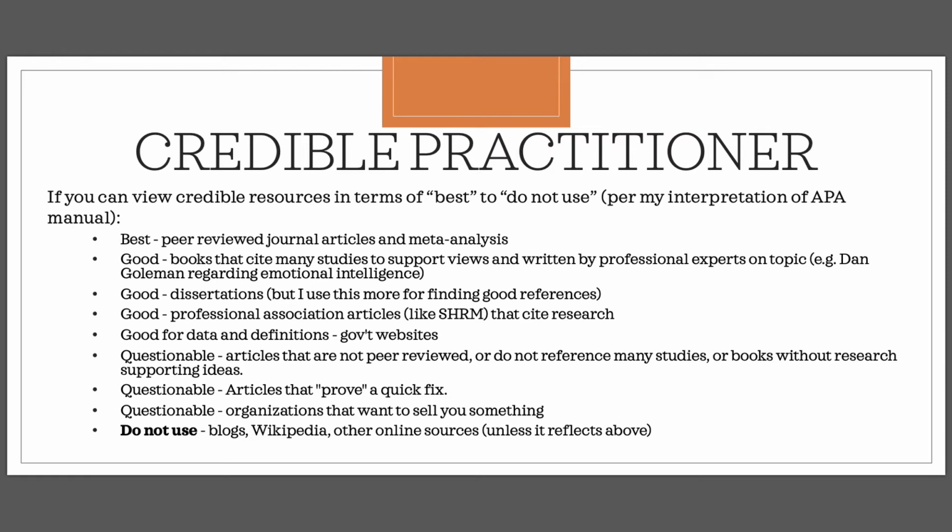When you think about good resources, of course, dissertations come to mind. And yes, dissertations can be used, but I would suggest that rather than reference the dissertation itself, you go to the initial source. Use the dissertation to help you find additional, high quality references for your work.